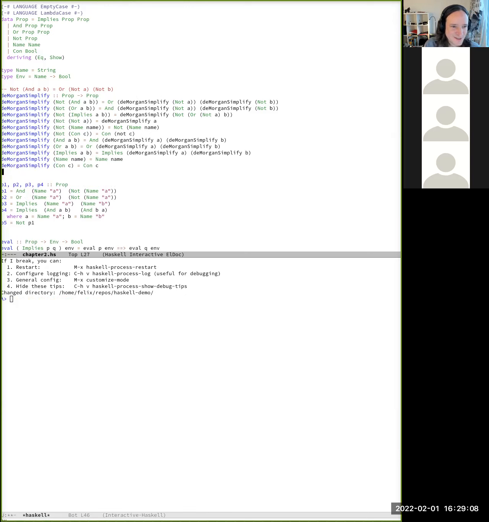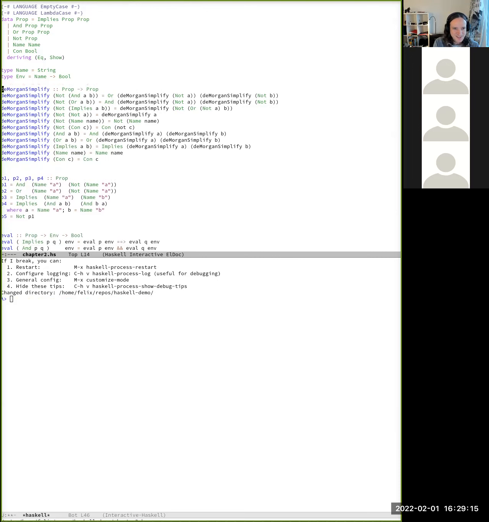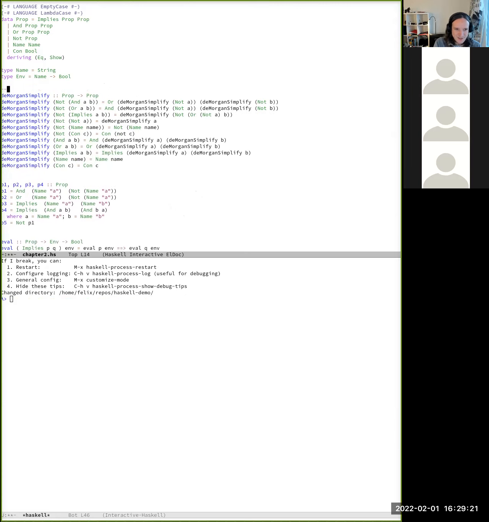Thank you, Haskell compiler. Okay. So maybe let's remove that comment. It doesn't apply to anything now. And yeah, maybe we should call it a simplification function that uses the deMorgan laws. So I guess that's a good title for that.